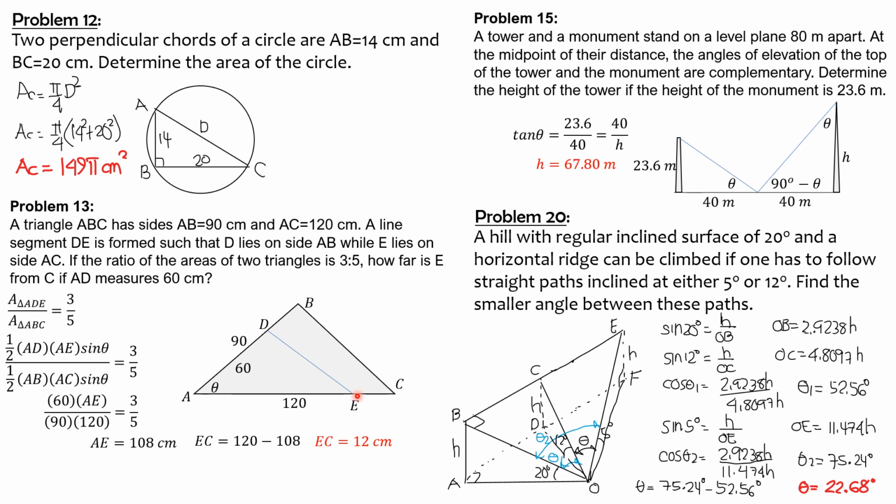So to solve for that distance CE, we need to know first the length of AE. So remember, area of triangle is 1/2 product of adjacent sides times sine of the included angle.